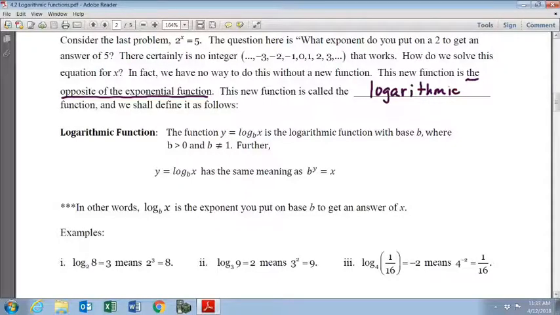So if you look to the right, b to the y equals x is what we call exponential form. And we have 3 parts here. Of course, b is the base, y is the exponent, and x is what I was calling the answer. Now in the other form, the letters represent the same things. So notice b is the little subscript there.